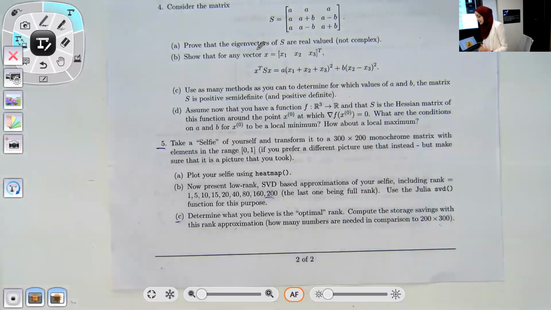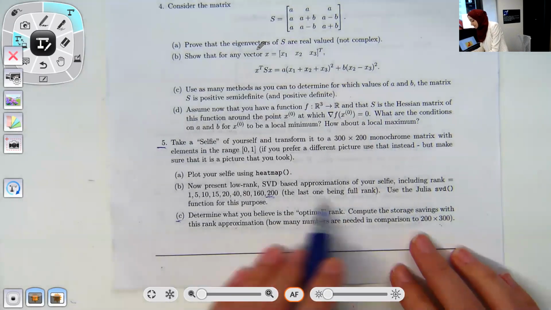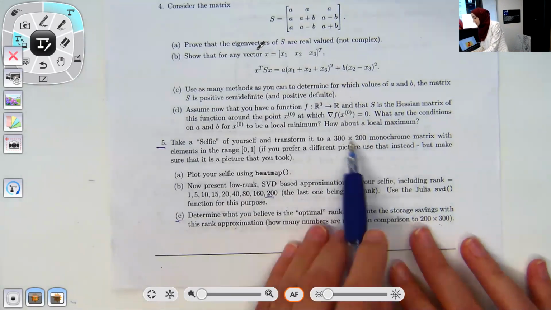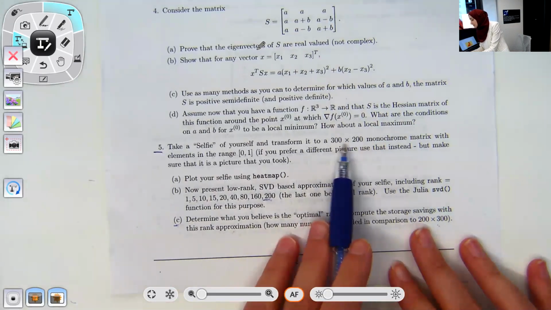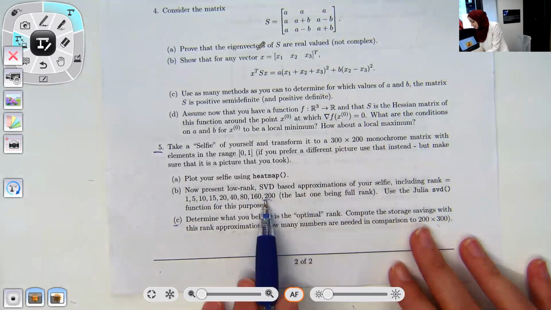We need to use different ranks: 1, 5, 10, 15, 20, 40, 80, 160, and 200. The last one is full rank, because here the dimension is 200, and we need to convert our image to a matrix of 300 times 200, and 200 is the full rank.